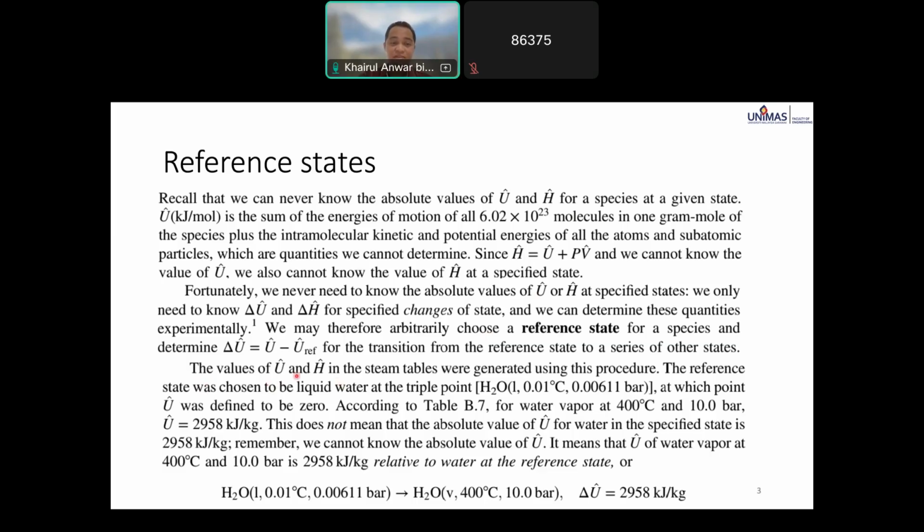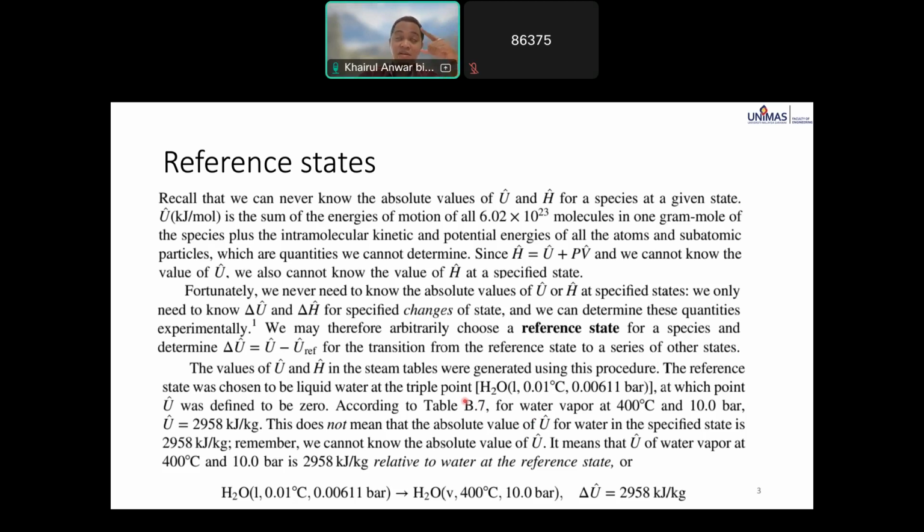So the values of U and H in the steam table were generated using this procedure. Even the values in appendix B for the steam table are generated based on this method, the reference state. So the reference state for liquid water is at the triple point.